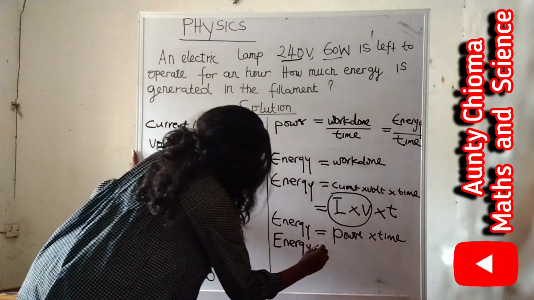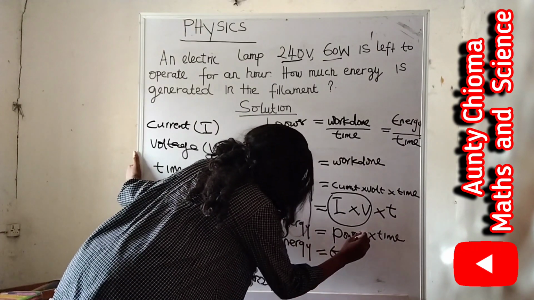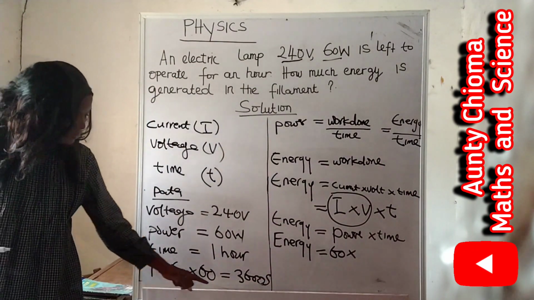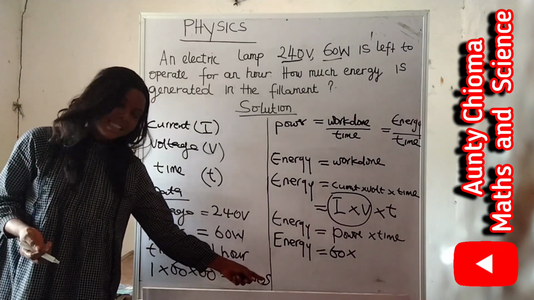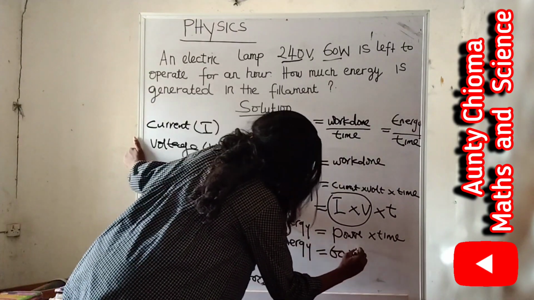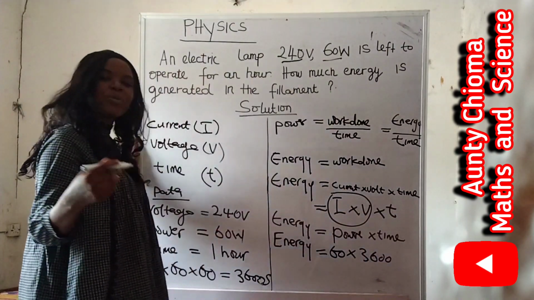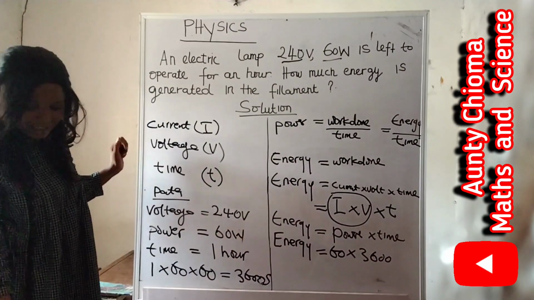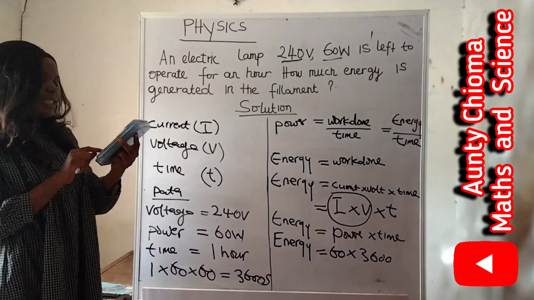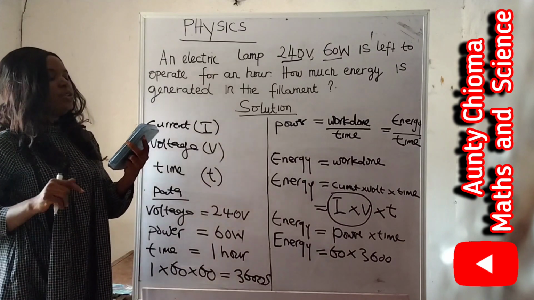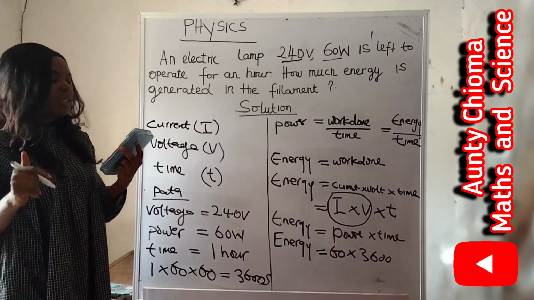So equal to 60 times, what is our time? The time is 3600 seconds. So times 3600. Okay, and which will give us, let's calculate. 60 times 3600 gives us what? 216,000.